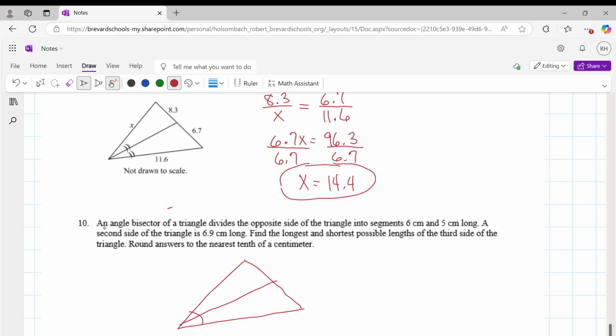Problem number 10 says that the angle bisector of a triangle divides the opposite side of the triangle into segments 6 and 5 centimeters long. All right, so this angle bisector going through the middle of this triangle divides this side into a piece that's 6 and a piece that's 5.